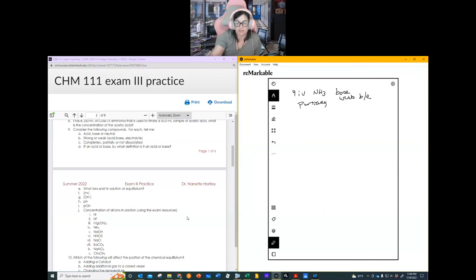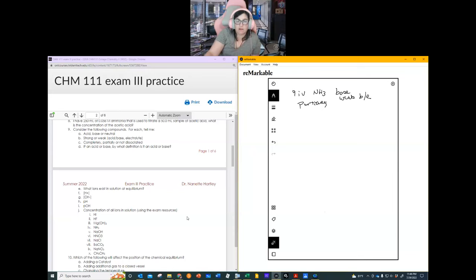So when we talk about bases for the Arrhenius definition, we're talking about OH minus donors. There is no OH minus that we're going to donate in this case. So Arrhenius doesn't really count, although the reaction does give us an OH minus, but it doesn't donate it.